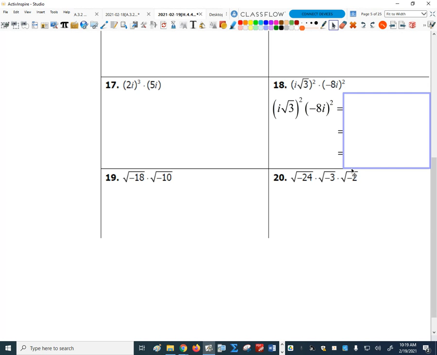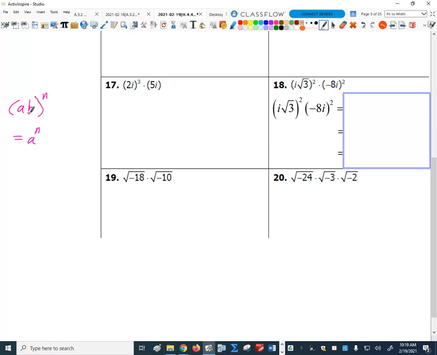So I've got the quantity i times the square root of 3, squared, times the quantity -8i, squared. Well, here's another property of exponents that you'll probably recall from Algebra 1. If I take a product to a power, that's just equal to the individual factors taken to that power.